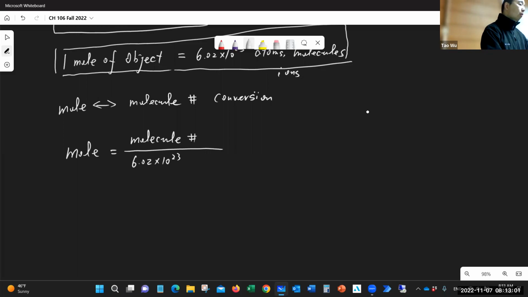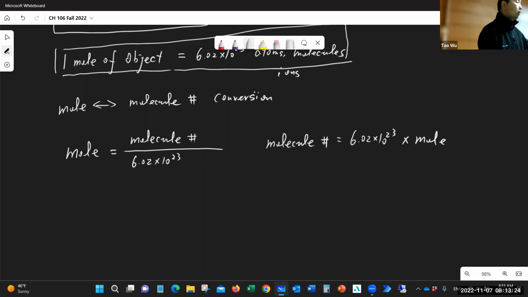So molecule number divided by Avogadro's number, you get the mole. Or if you have the mole and you try to figure out the molecule number, that's going to be 6.02 times 10 to the 23rd times the mole.